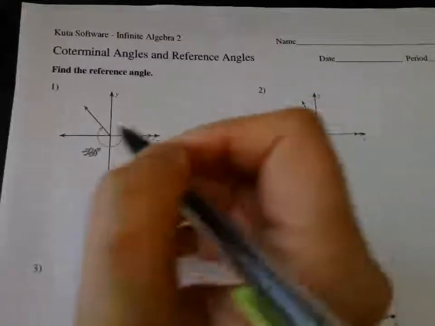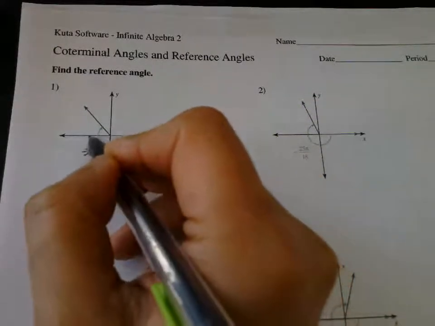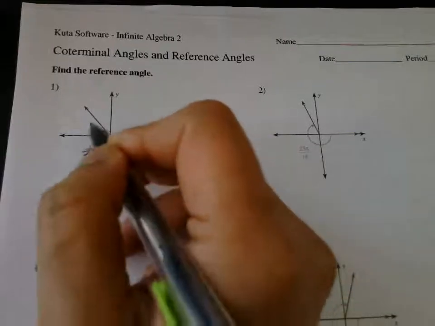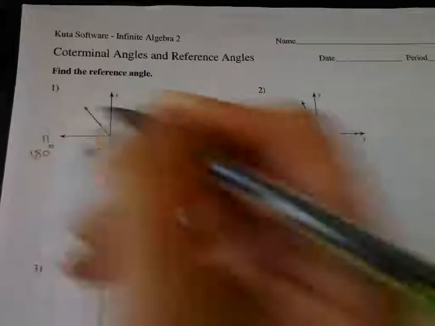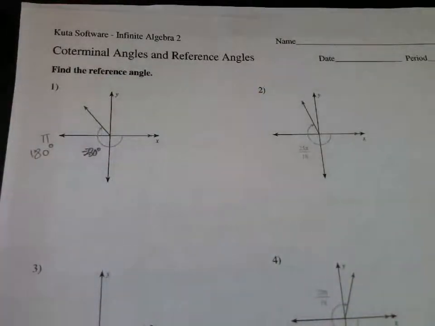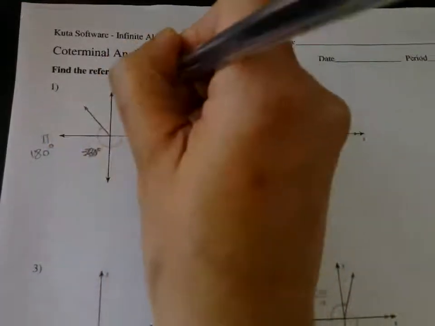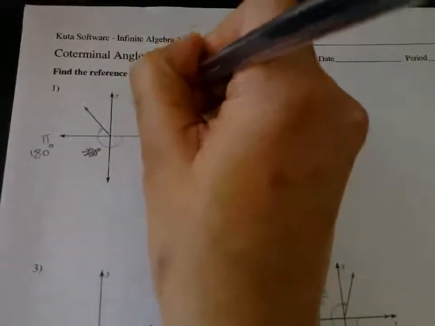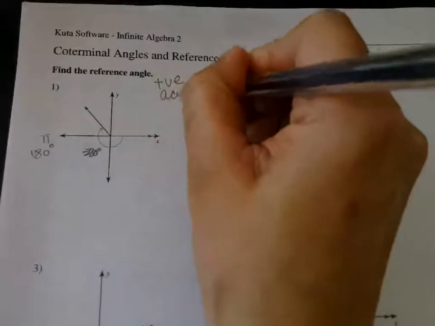Okay, so in this case, it is negative, right? It is negative and it is more than 180 degrees. That means more than pi, because this is nothing but pi, or if we have to represent in degrees, because they are talking about degrees in this case, so we will take degrees. Now, one important thing that we discussed earlier is that the reference angle is always a positive acute angle, right?